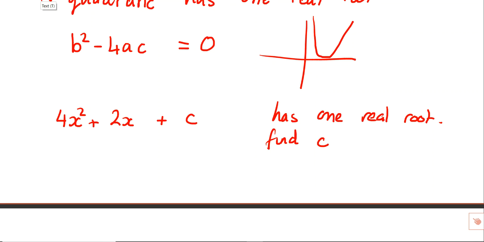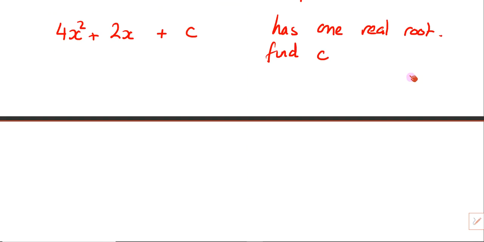What's our first step? What's the first thing I should write? Darius, help him out. What's equal to 0? No. I know that b squared minus 4ac equals 0.